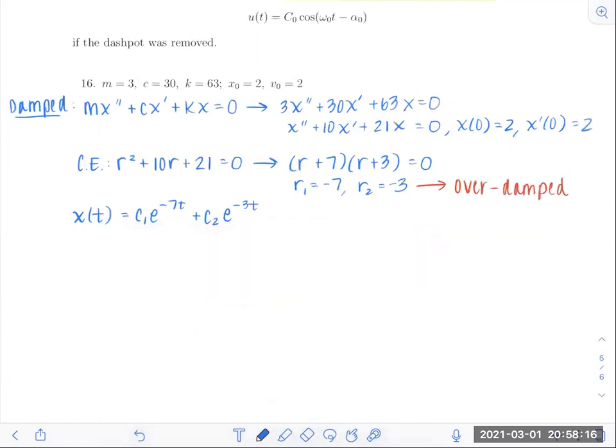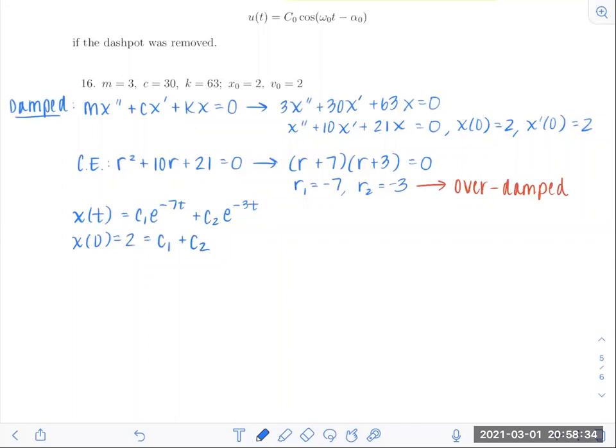All right, so we have our x of t function. We would like to flush out what C1 and C2 are. What I know is x of 0 is equal to 2, and that is C1 plus C2, since e to the 0 is 1.